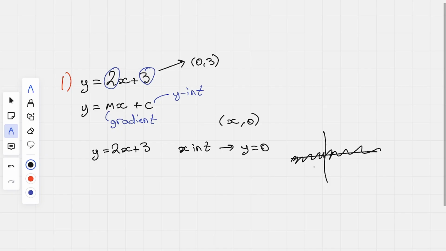It wouldn't be y equals 1 or 2, it would be 0 somewhere along the line. So let's sub in y as 0, so we get 0 is equal to 2x plus 3, subtract 3 from both sides.